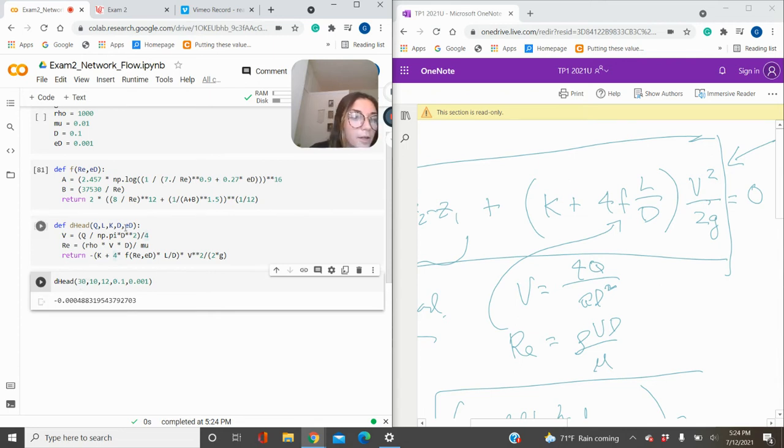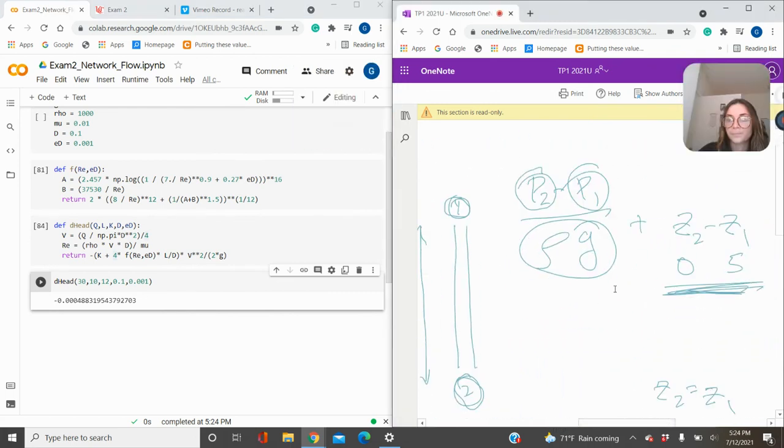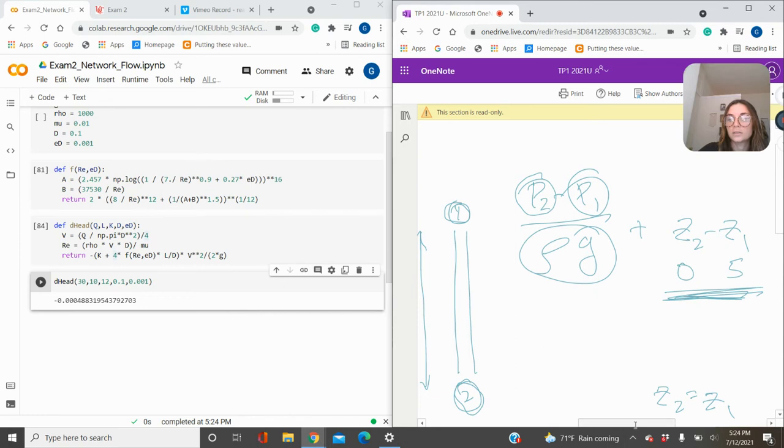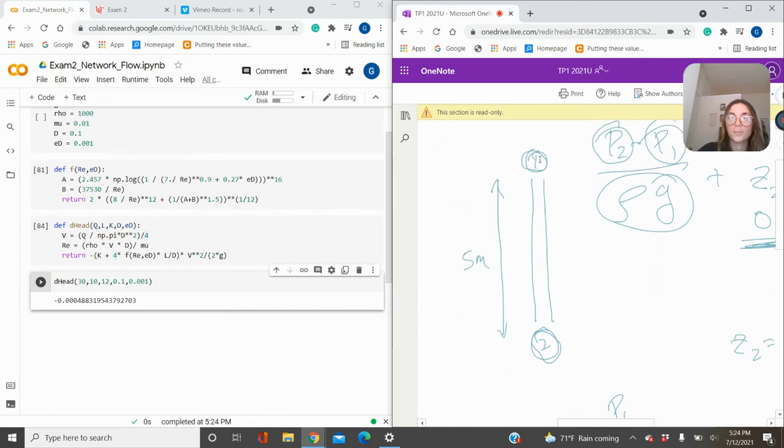Since our flow rate is positive, and we got a negative value, very small value, but negative value here, that looks good because we have a little diagram to make it easier to explain. Let's say from node 1 to node 2, in a positive direction, they'd be going towards 2.